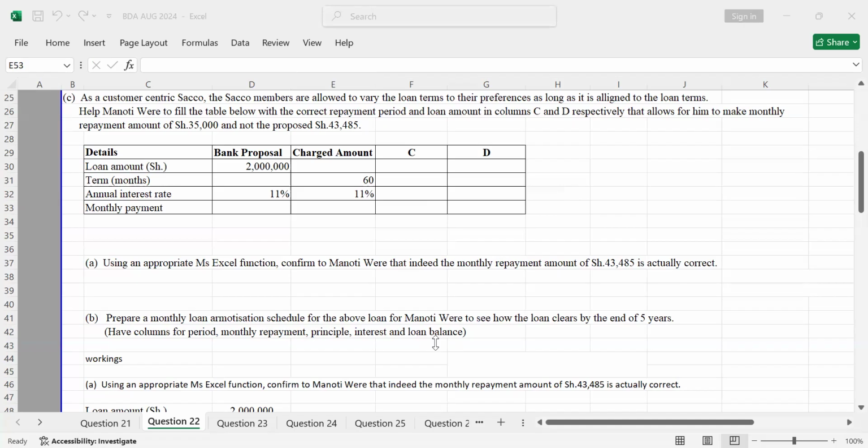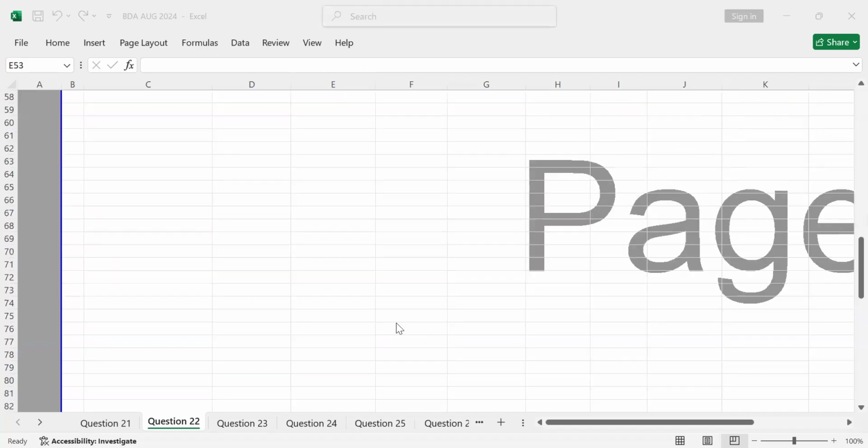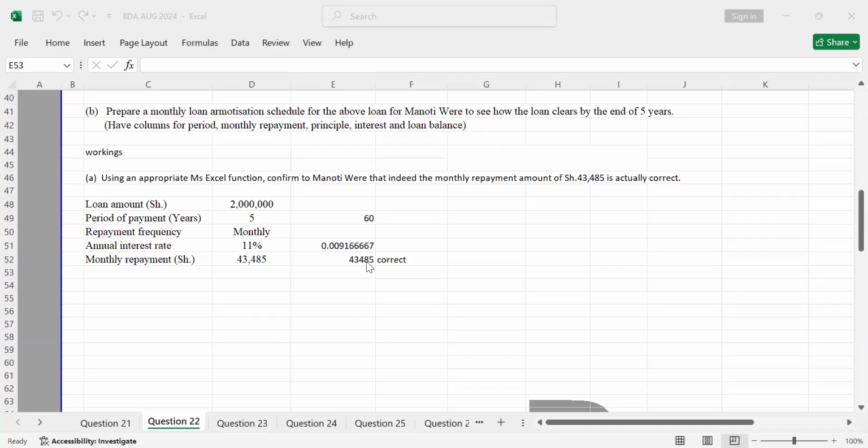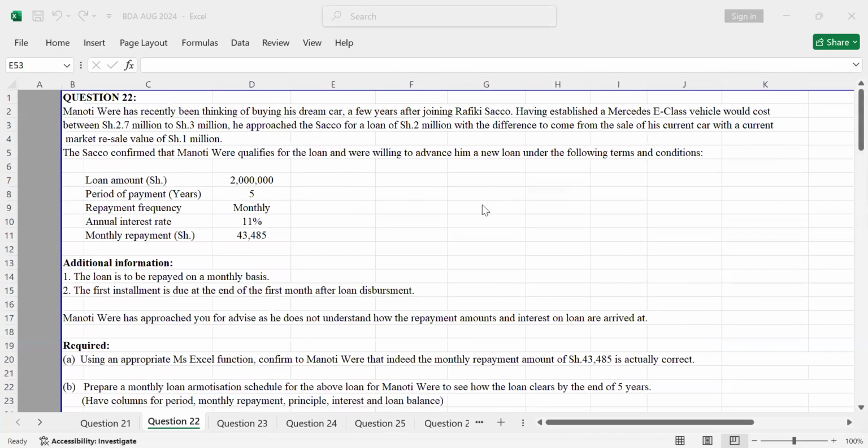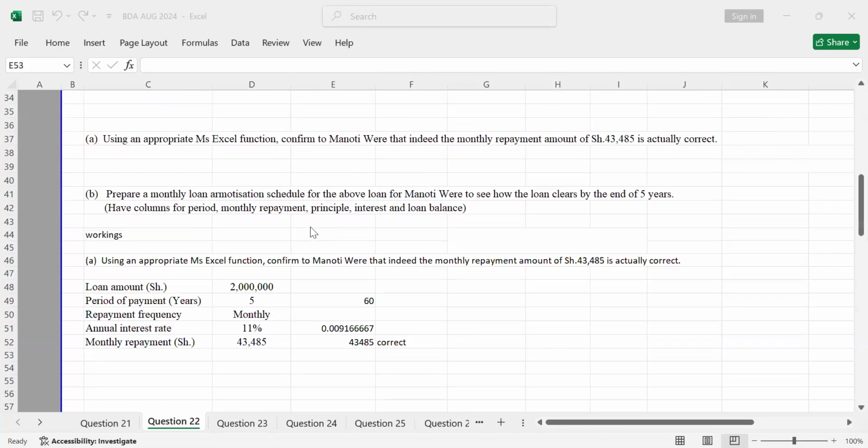And just proceed. Now, that is how we get the installment payment, or what we call the principal amount. That was for question number 1. We go to question number 2.